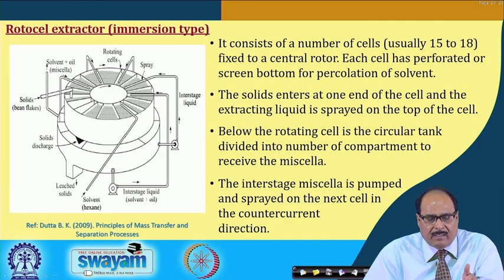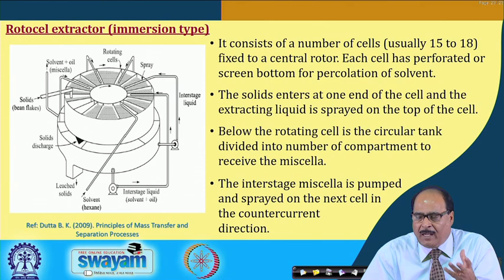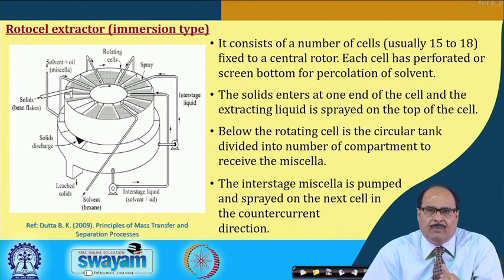Rotocell extractor, which is basically an immersion type, you can see in this figure. It consists of a number of cells, usually 15 to 18 cells, fixed into a central rotor, and each cell has a perforated or screen bottom for percolation of the solvent.